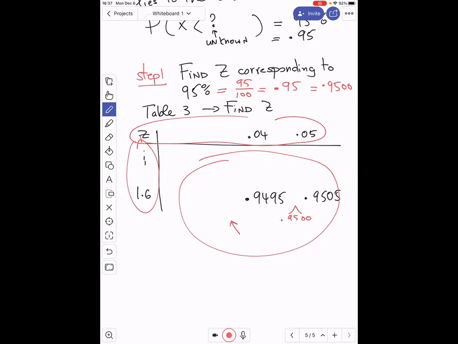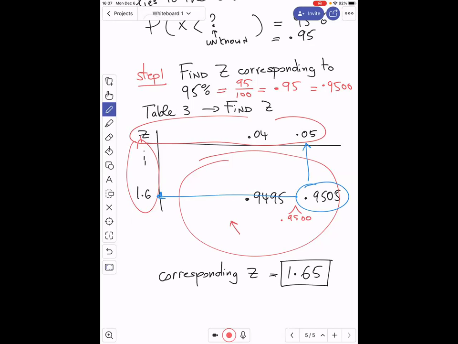In this case, we can take this value here, 0.9505, which is the closest one to 0.95. So the corresponding Z is 1.65, let's say.